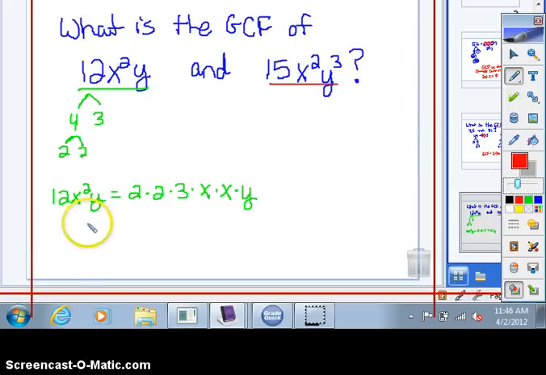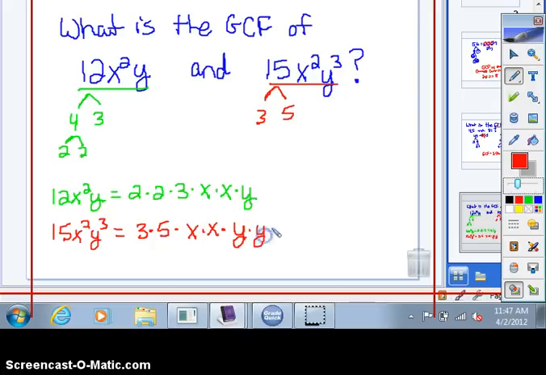15x squared y to the third. 15 is 3 and 5. Can I do anything else with that? So now if I have 15x squared y to the third, then it's 3 times 5. How many x's do I have? 2. And how many y's? 1, 2, 3. So they don't share a 2, right? They share a 3. They don't share a 5.